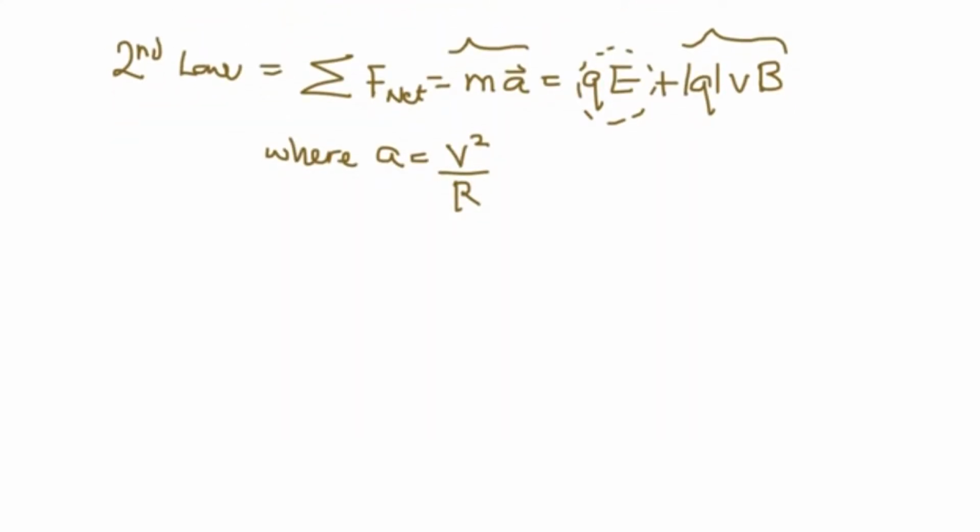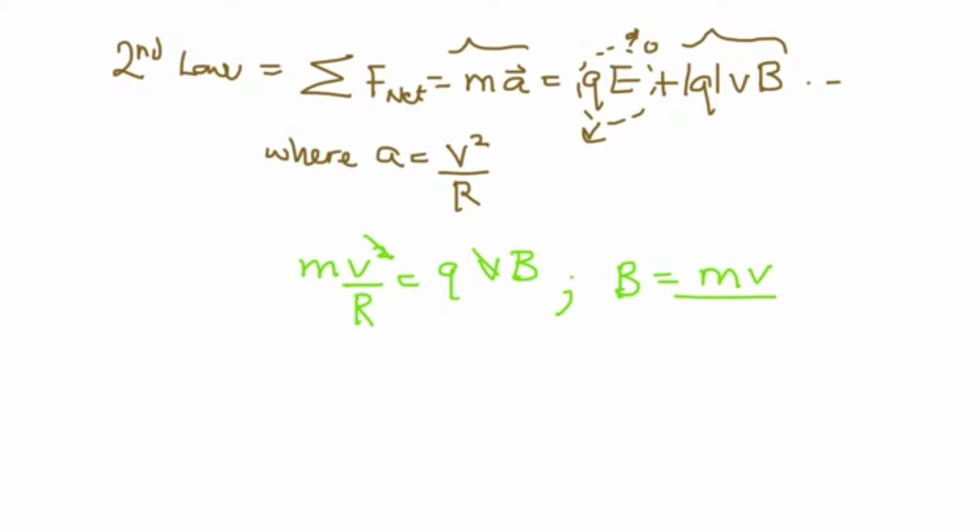If we put this in the equation, where the electric term equals 0, what we arrive at is that the mass multiplied by the velocity squared divided by r is equal to the quantity of charge times the velocity times the magnetic field. Since we have velocity on both sides, our magnetic field is equal to the mass times the velocity over the quantity of charge times r.